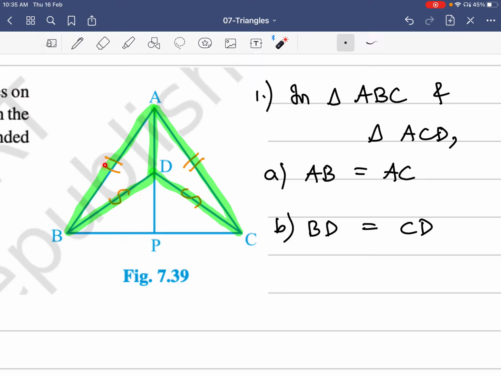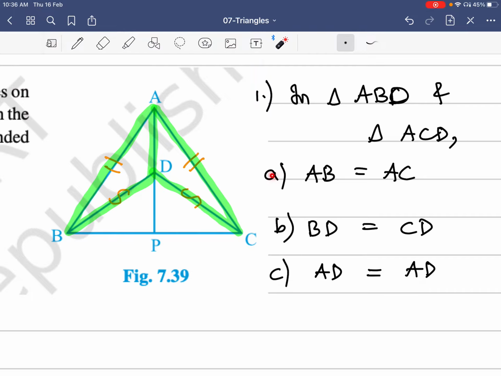This is equal to this, and this is equal to this. And then the third thing is AD is equal to AD, because it's a common side. Earlier I wrote triangle ABC, but this is triangle ABD. That's a mistake I made. Let me just make this ABD.